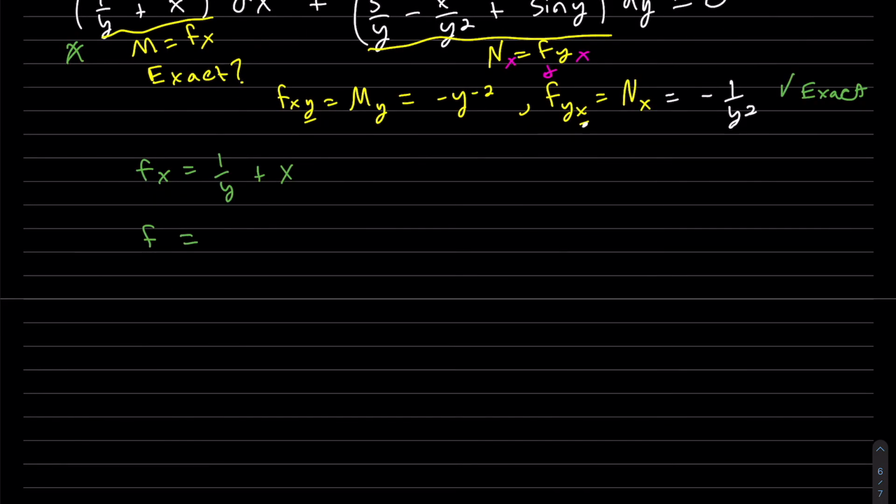F is, what's it called? The integral in terms of x. So it's 1 over yx plus x squared over 2 plus our constant. It's in terms of y. Take the derivative in terms of partial in terms of y.